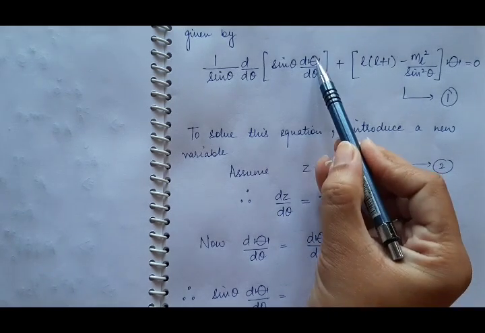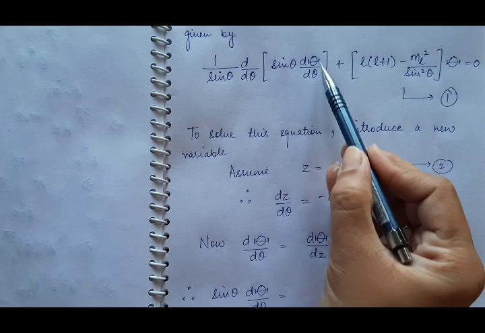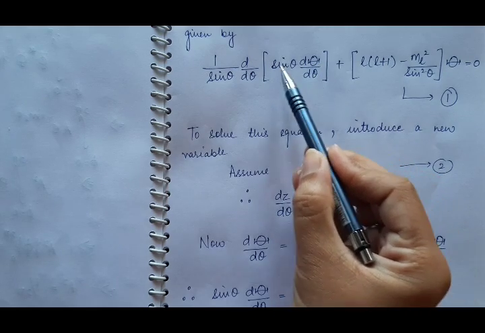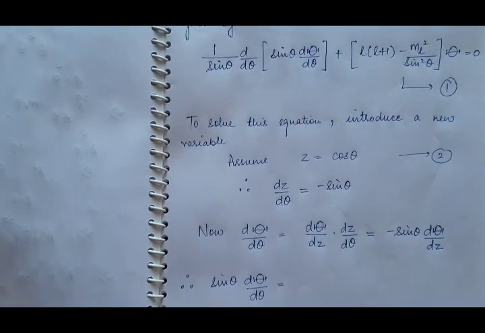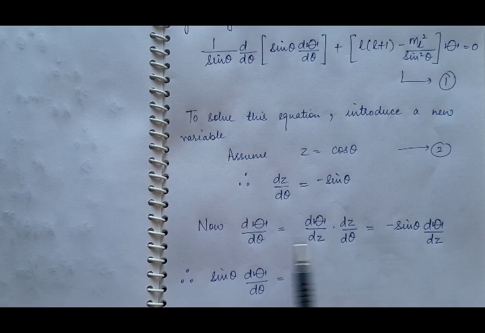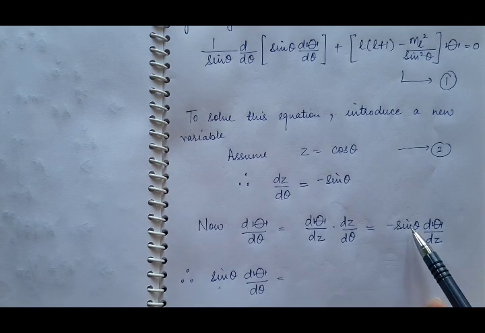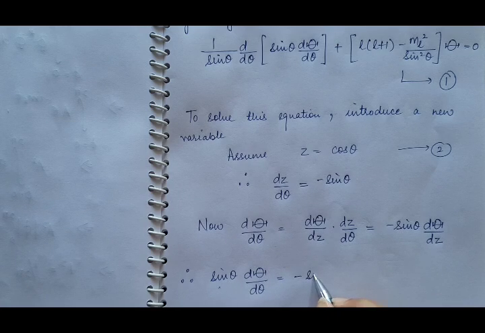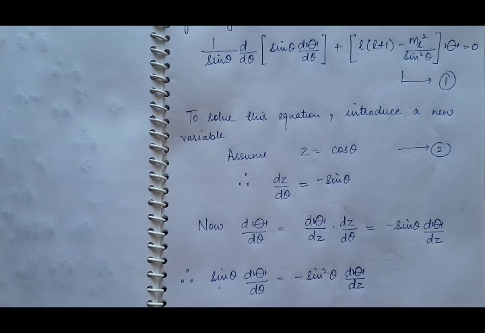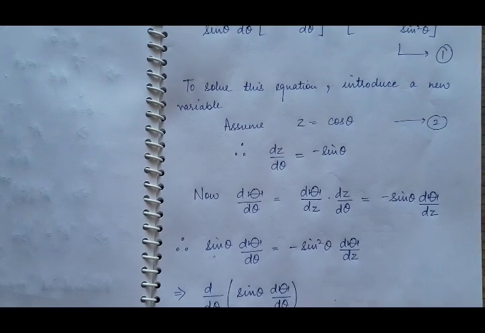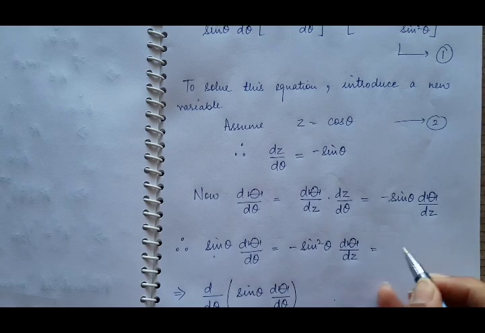Next, we have found the value of this. Now multiply this equation on both sides by sin theta. So sin theta into minus sin theta will be minus sin square theta, and this sin square theta, we know, is 1 minus cos square theta.